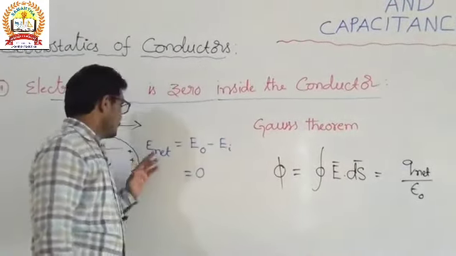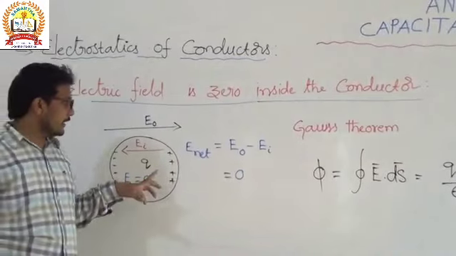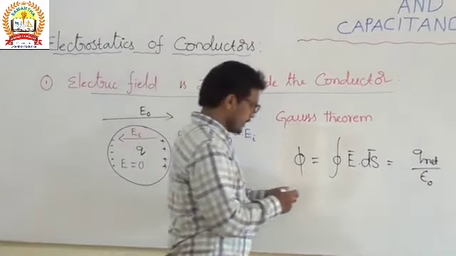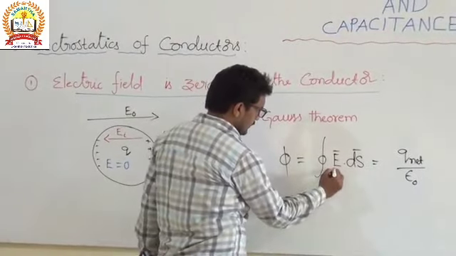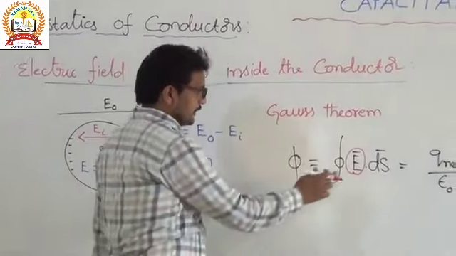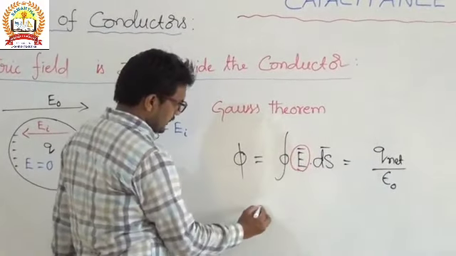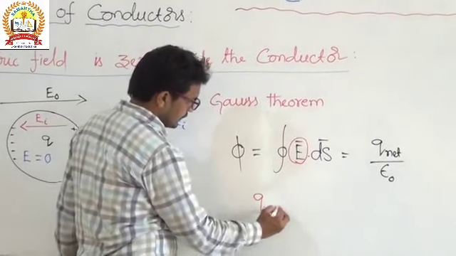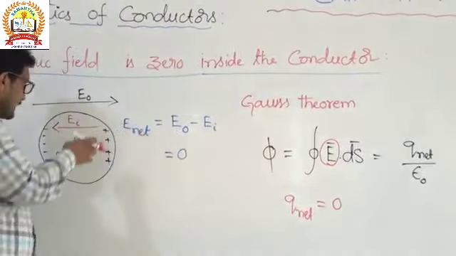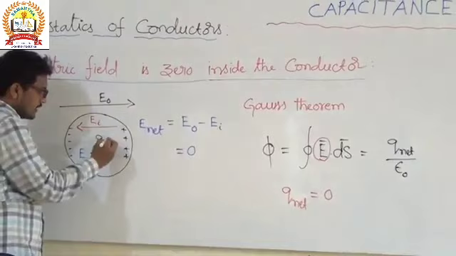As we know, the electric field inside the conductor is 0. If you substitute this in Gauss theorem, the electric field is 0, so the net charge enclosed by the surface is also 0. It means that inside the surface the charge is 0.